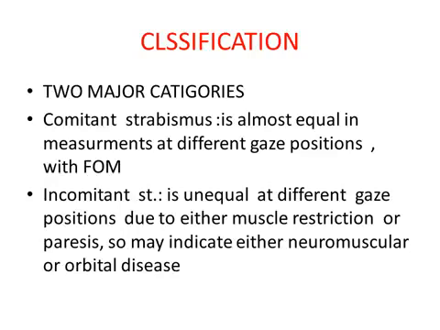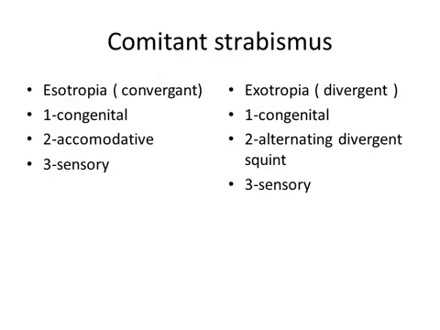While in incomitant strabismus, there is usually a difference in gaze positions due to either muscle restriction or paresis, so it may indicate a neuromuscular or an orbital disease. The incomitant strabismus will be covered by other lectures, and we will discuss some examples of comitant squint. For comitant strabismus, we will discuss a few of the most common types.